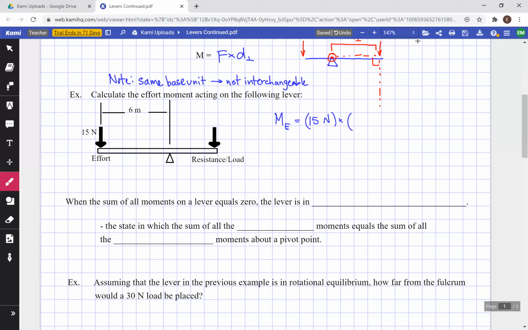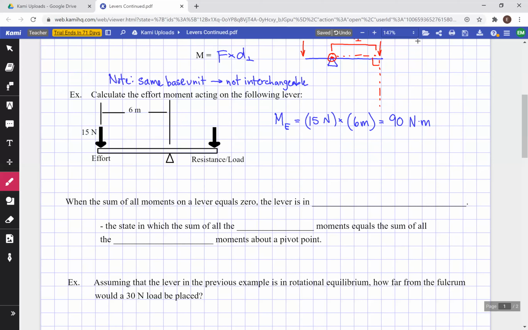And again, since the force is acting vertically, we can just use the 6 meters. And so that's just going to be 90 Newton meters. There's your unit for moments in SI.